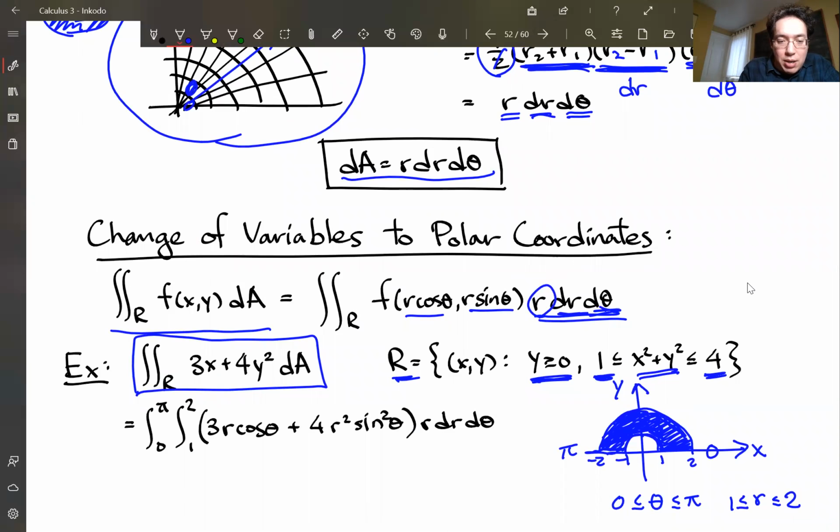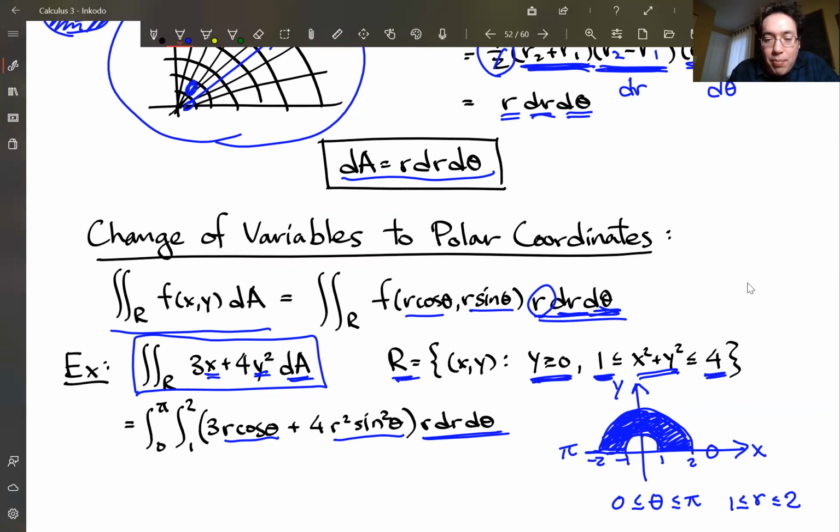So what are we going to do? Every x is going to turn into r cosine theta, and every y is going to turn into r sine theta. So if you square it, it's going to be r squared sine squared. And then dA is going to turn into r times dr times d theta.